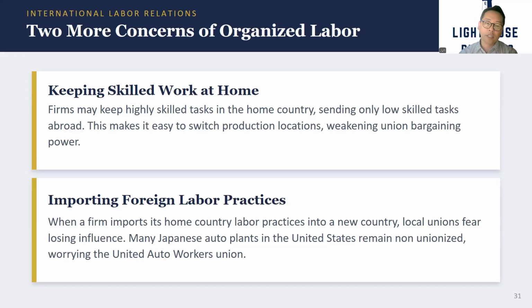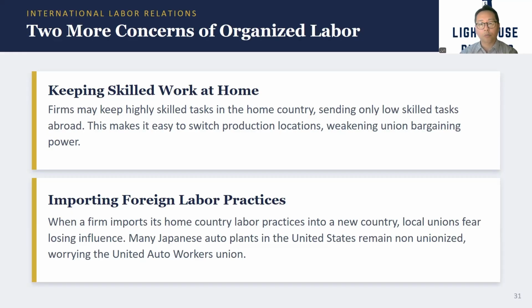Second, unions worry when a multinational firm tries to import its own home country employment practices and contracts into a new country. This concern has come up repeatedly with Japanese multinationals exporting their particular style of labor relations abroad.